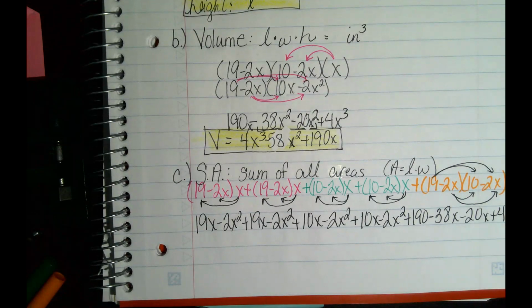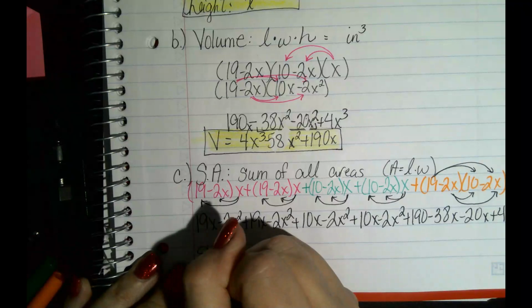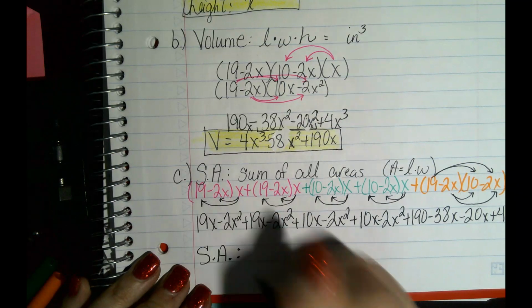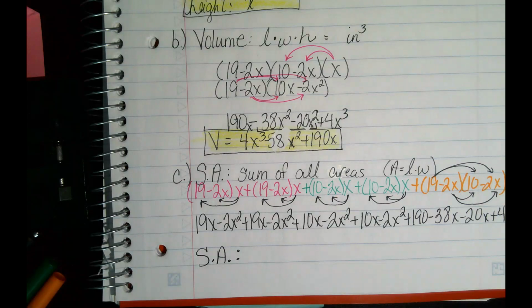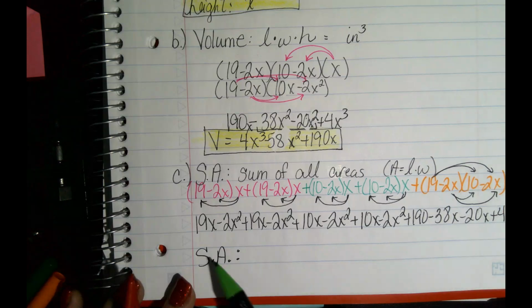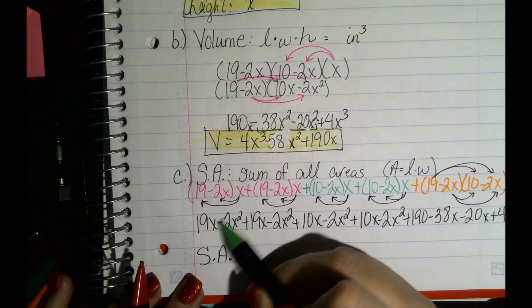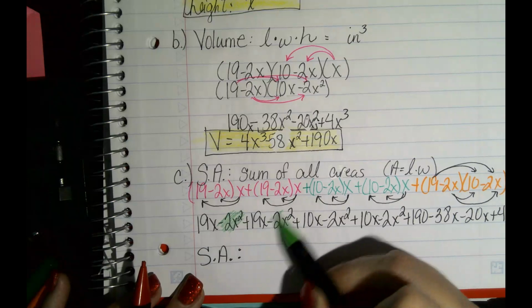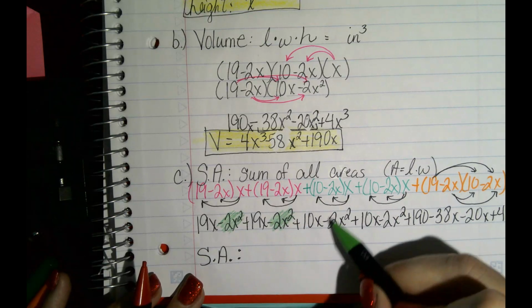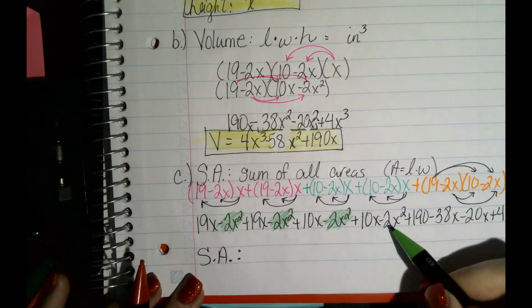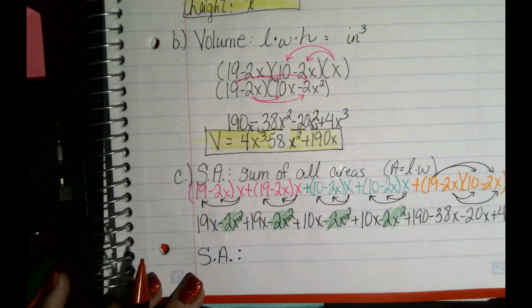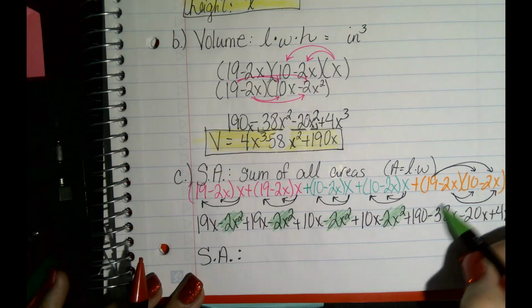Whew. That looks insane, but it actually cleans up nice for my surface area. It might not look like it right now. Now it's combining like terms. I'm going to start in standard form, so I'm going to start with my highest exponent. So I get negative 2x squared, negative 2x squared, negative 2x squared, 2x squared.